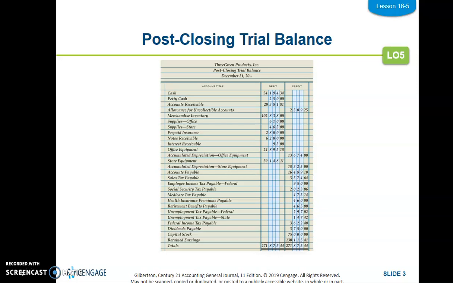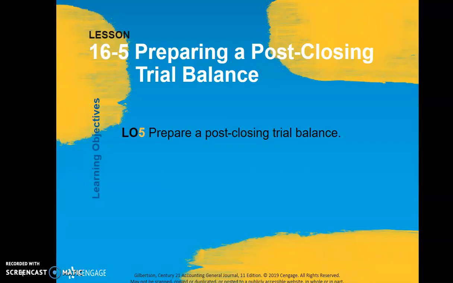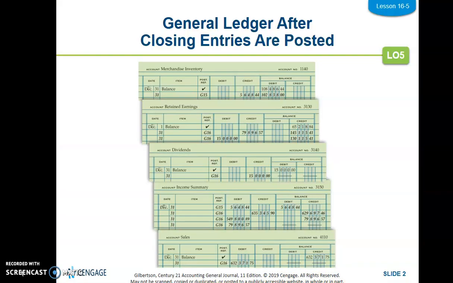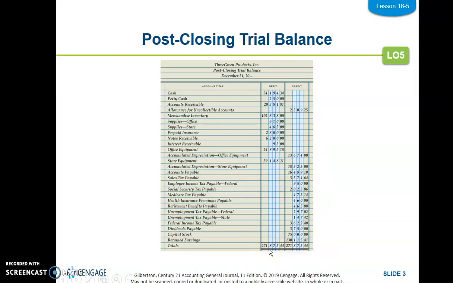So let's go back. We're going to prepare a post-closing trial balance from the general ledger accounts after closing entries have been posted.